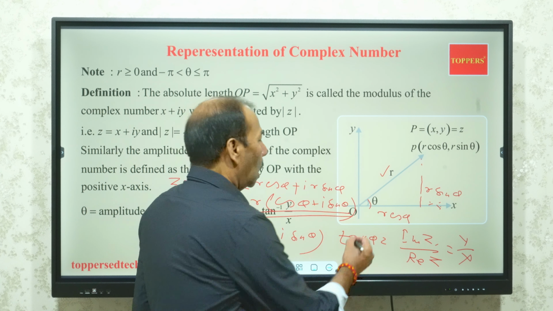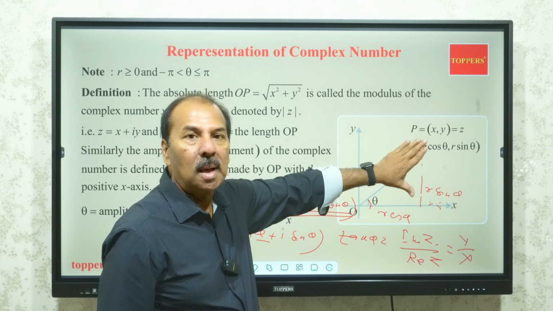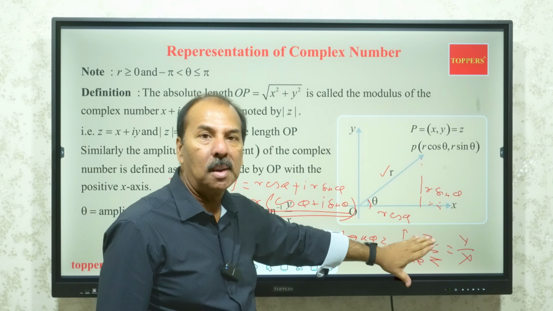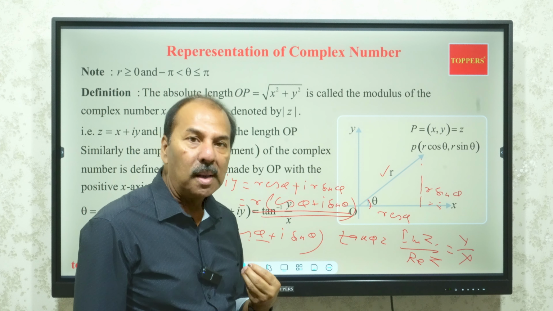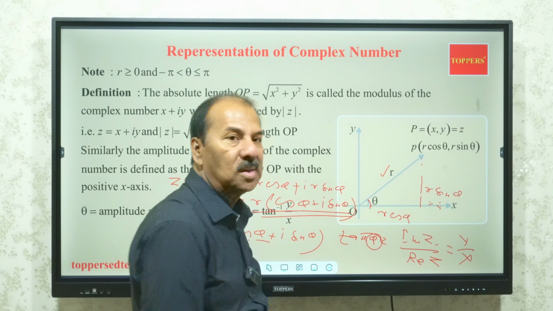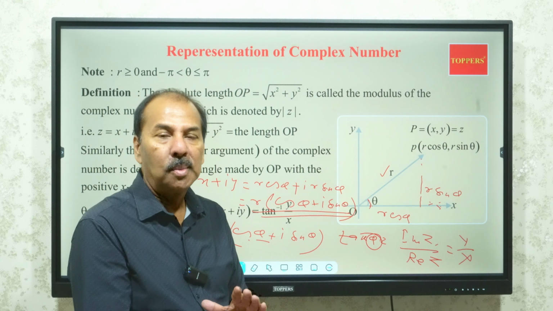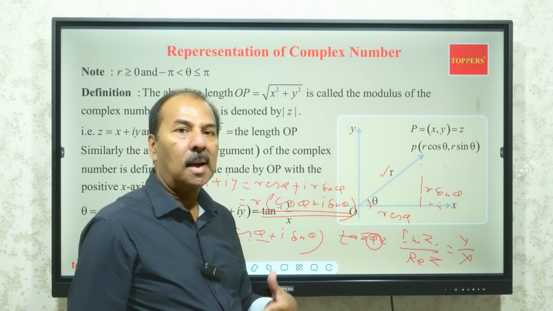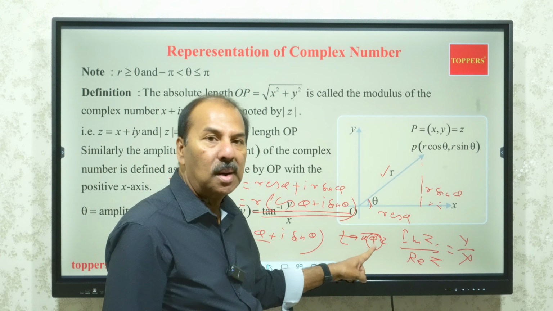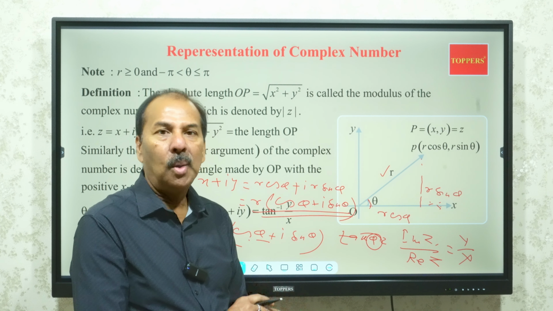Now here, when you have this angle theta, it can be in the first quadrant, the second quadrant, the third, or the fourth. Depending on which quadrant this complex number z is in, we calculate the value of theta. That will depend on the principal value of theta and in which quadrant z lies, so that we can calculate theta using either pi or 2 pi.